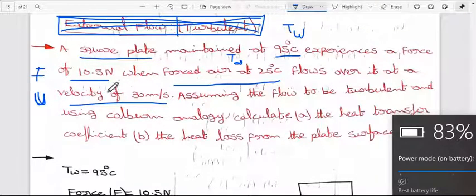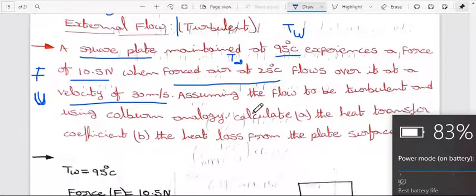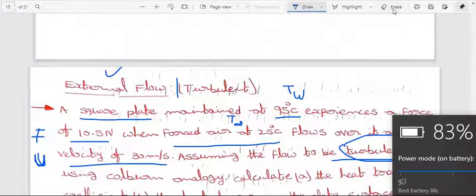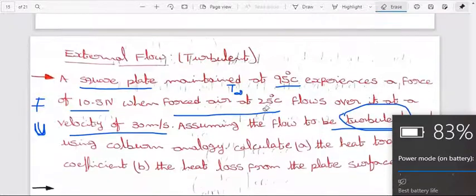In this problem, a velocity of 30 meters per second is mentioned, so this is external flow. Assuming the flow to be turbulent, the condition is mentioned. That's why I am considering this an external flow turbulent problem.